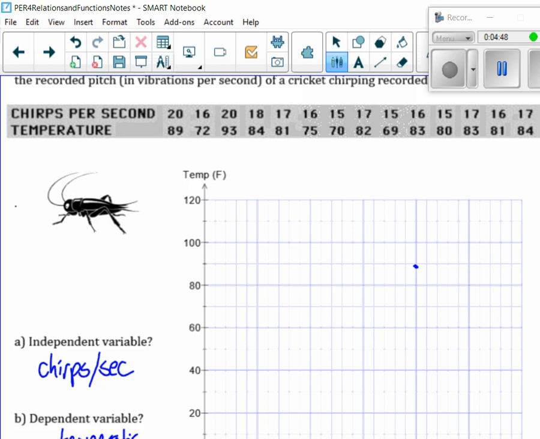Okay, so this is going to be approximate because you see 90 is there, so it's just going to be a little bit lower. I know some people have to have exact, but you're going to have to let that go a little and go with approximate, right? I like putting a little check mark by the ones I plotted so I know I didn't miss anything, but you don't have to. 16 is 72.